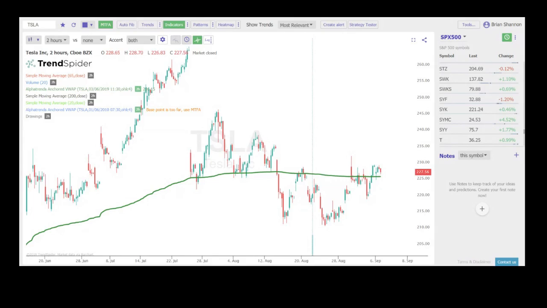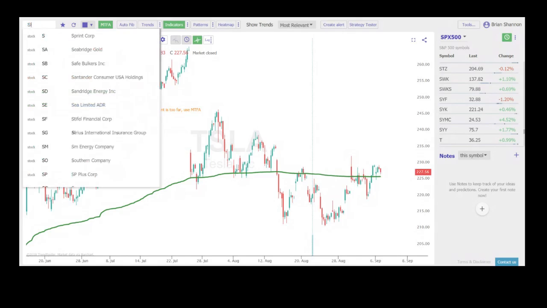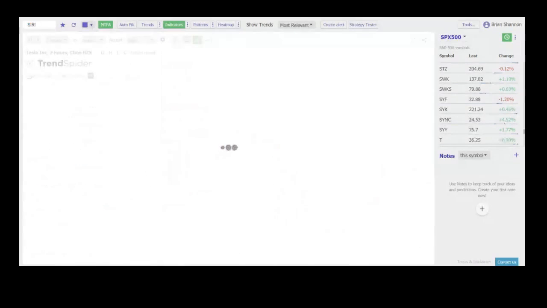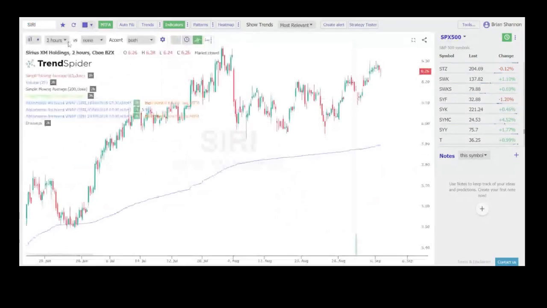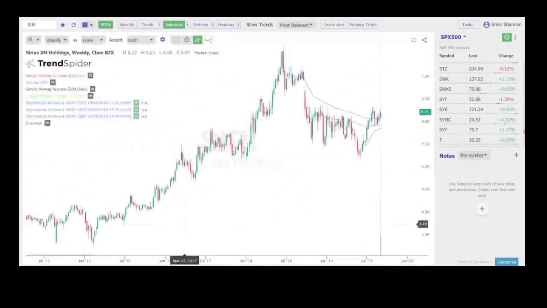I've mentioned Sirius Satellite just recently, SIRI. And I didn't get this one perfectly. I just kind of stumbled into it last week for whatever reason. But if you look at a weekly chart, here's a significant low. We can throw a VWAP off of that. It held above it.